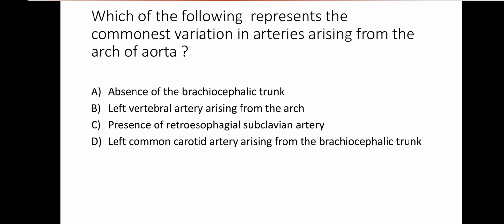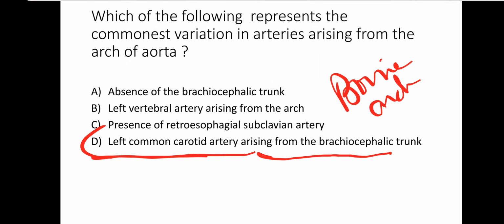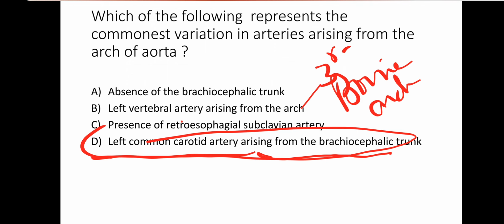The most common variation is the bovine arch type, where the left common carotid artery has a common origin with the brachiocephalic trunk or comes from the brachiocephalic trunk itself. The vertebral artery arising from the arch is the third most common, and the presence of a retroesophageal subclavian artery is also a variation but not that common.